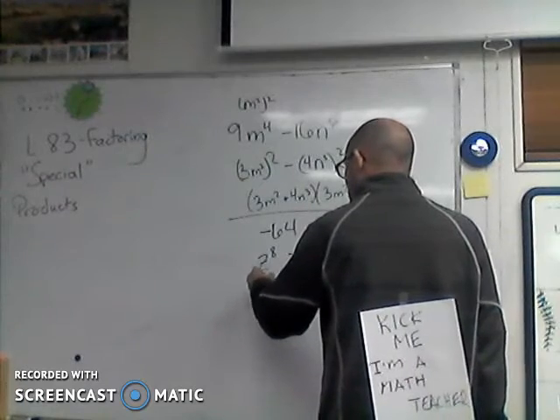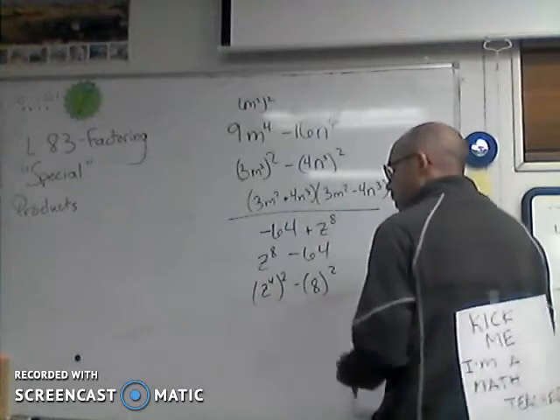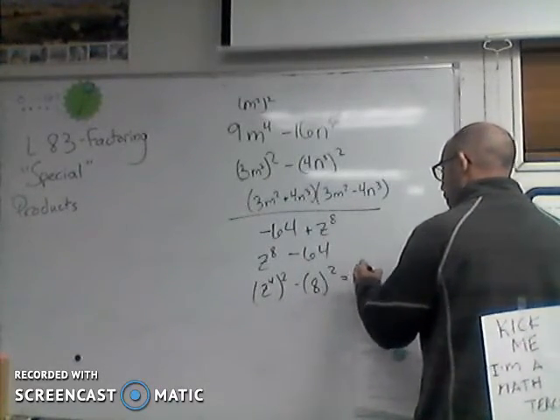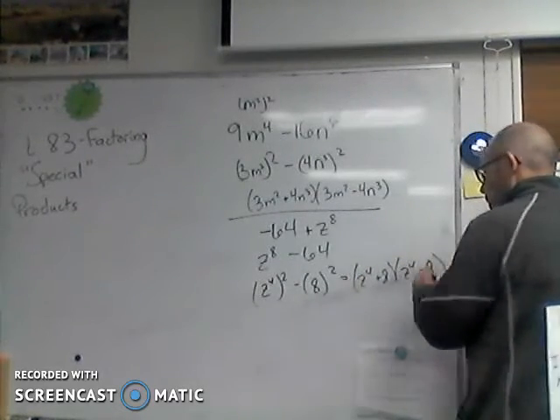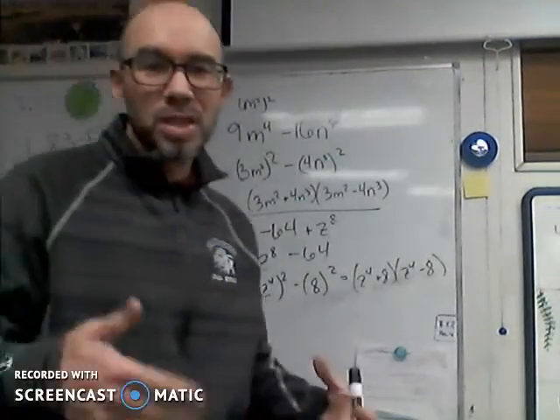And that is something squared minus something squared, which we can factor down to c to the 4th plus 8, c to the 4th minus 8. Again, you can verify that on your own, but I'm just following the pattern. I'm going to trust that pattern because it works.